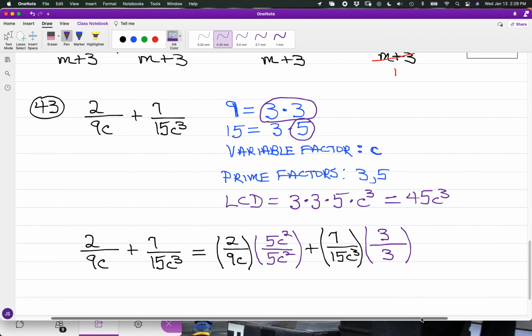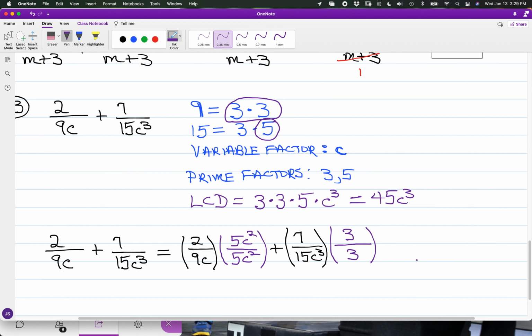So the second ratio will be multiplied by 1 in the form of 3/3. Both denominators, 9c times 5c squared and 15c cubed times 3, will be 45c cubed.